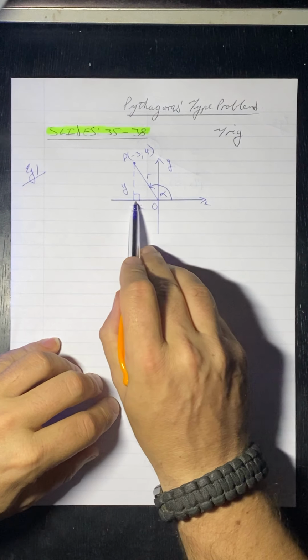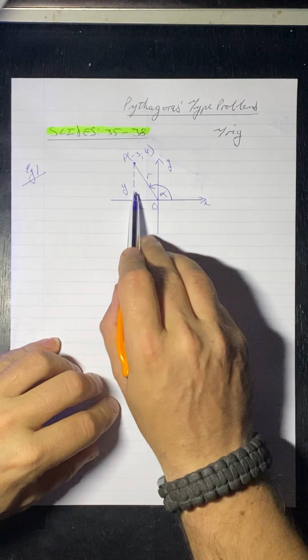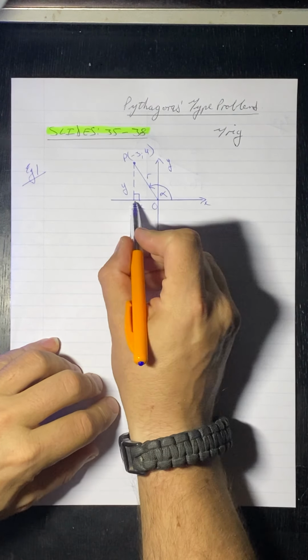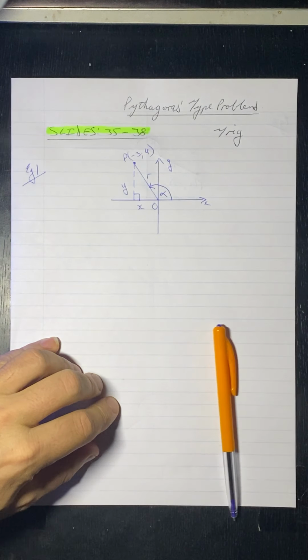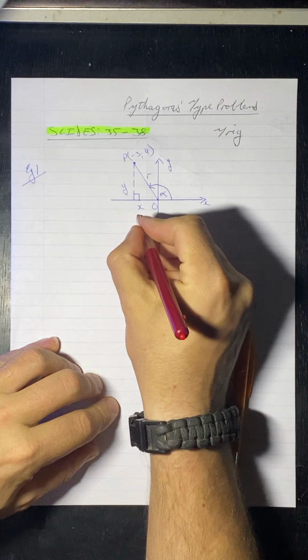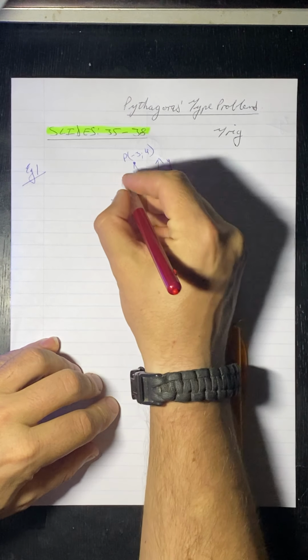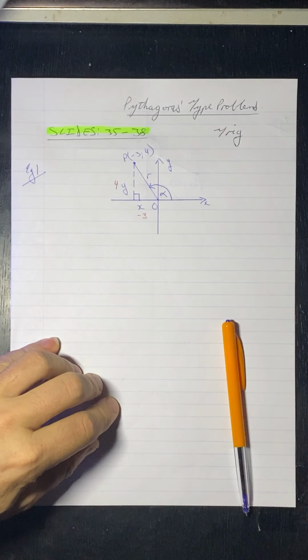Okay, so obviously we're going to have an x value, a y value, and an r value. You can see here that our x value will be -3, and this value here is your y value, which is 4. We just don't know what the r value is, okay?